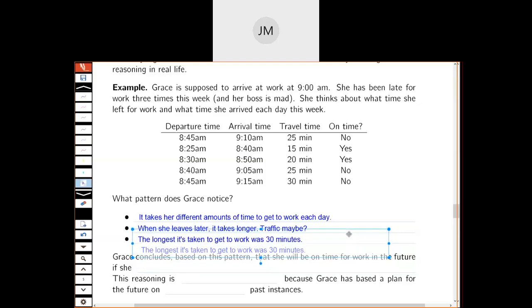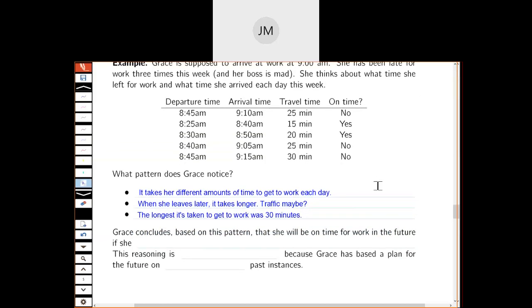So if we want to be safe, and leaving later gives a longer travel time, then to make sure she's always on time for work, she needs to leave by 8:30 at the latest.